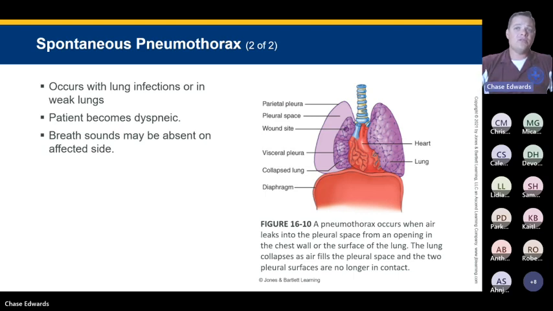Spontaneous pneumothorax occurs in patients with certain types of chronic lung infections or in young people born with weak areas of the lung. A patient with spontaneous pneumothorax becomes very, very dyspneic, and they might complain of pleuritic chest pain. Breath sounds on the affected side are going to be absent or decreased.